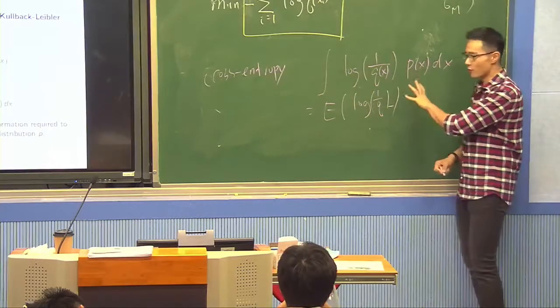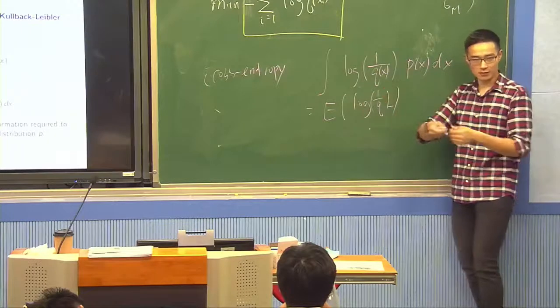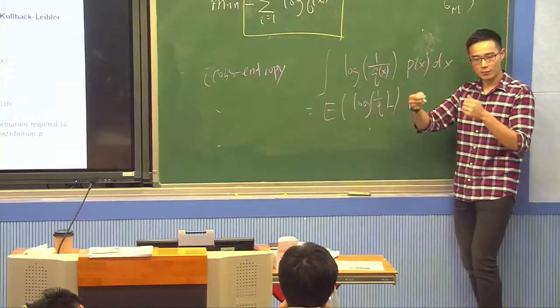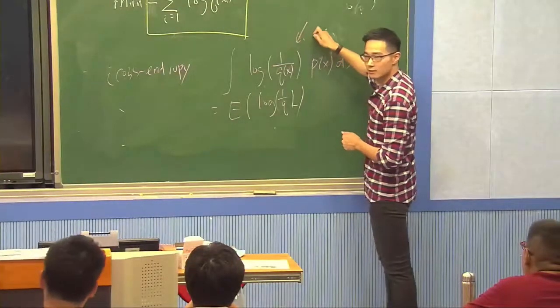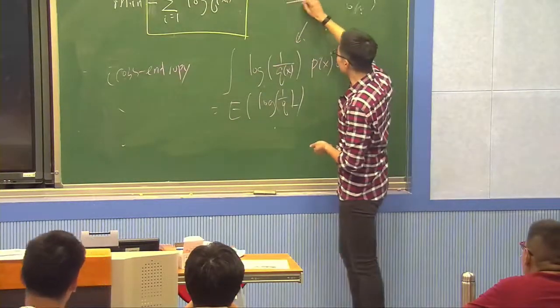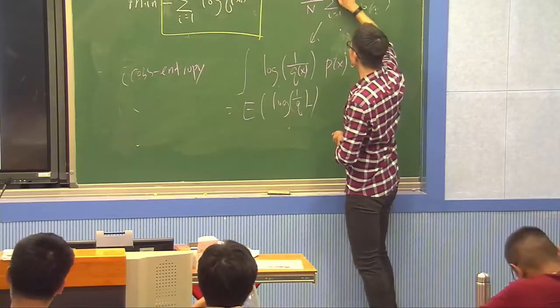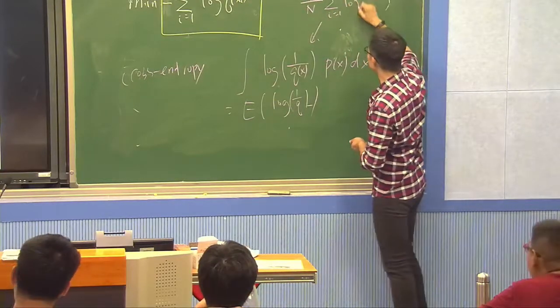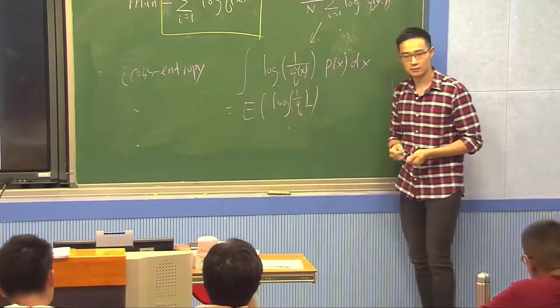What is the in-sample version of cross-entropy? Suppose I do not observe the entire distribution. I only observe a few data points. What is the in-sample version of cross-entropy? It's basically 1 over n, summation from i equals 1 to n, of log 1 over q(x_i), correct?